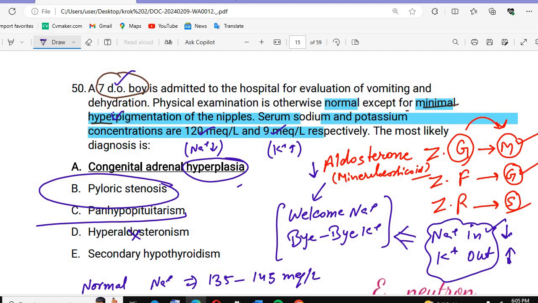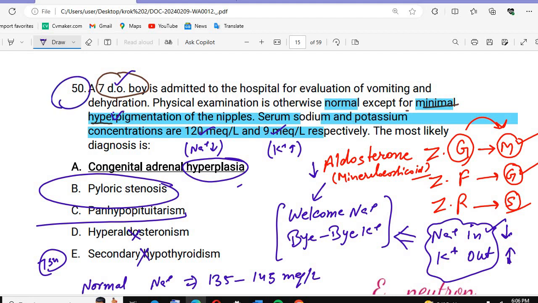Secondary hypothyroidism would be possible if they gave you some history about the thyroid, like weight loss, or something about thyroid stimulating hormone, or another associated disease causing a decrease in thyroid hormone, which is why we call it secondary. So that is again not your option.